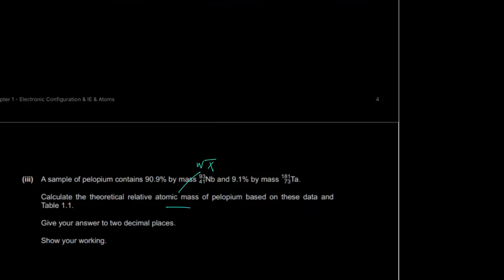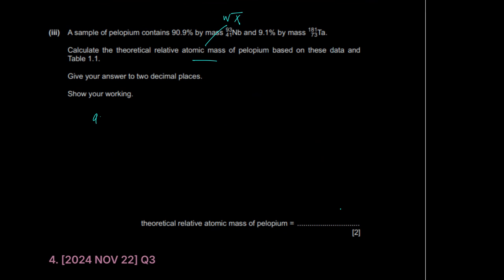So Nb is 92.91 multiplied by its abundance, which is 90.9, and you sum it up. It's basically frequency, right? Summation f x divided by summation f. The abundance is the frequency and x is the isotopic mass.